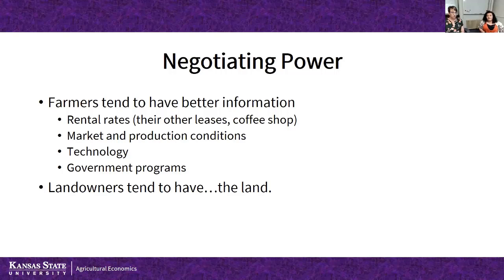So they have this vast amount of knowledge, and not saying that landowners don't, but landowners tend to have the land available for the producers. So it's interesting to see if there's a difference in who has the actual negotiating power, if it is all landowners or if producers actually have a little bit more say in the matter than they think.